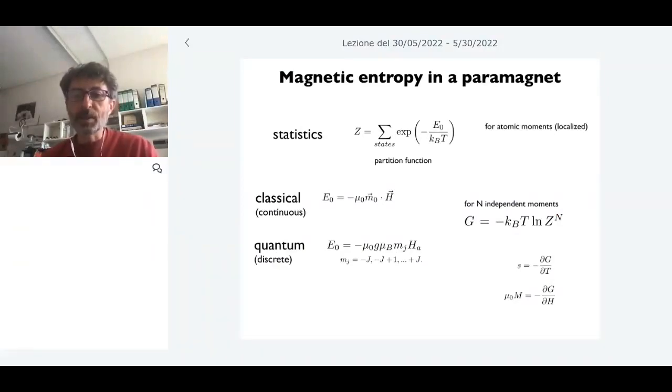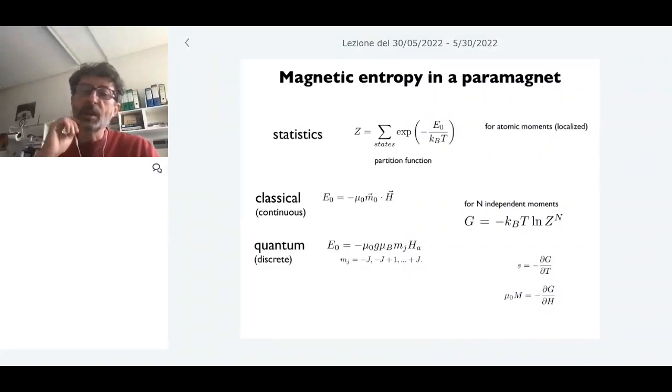Well, let's go into a little bit of the theory here for those that are interested. How do we compute this magnetic entropy of a paramagnet? This is really interesting, because it tells us something about the use of the continuous, classical vector and the use of quantum states for the spin.